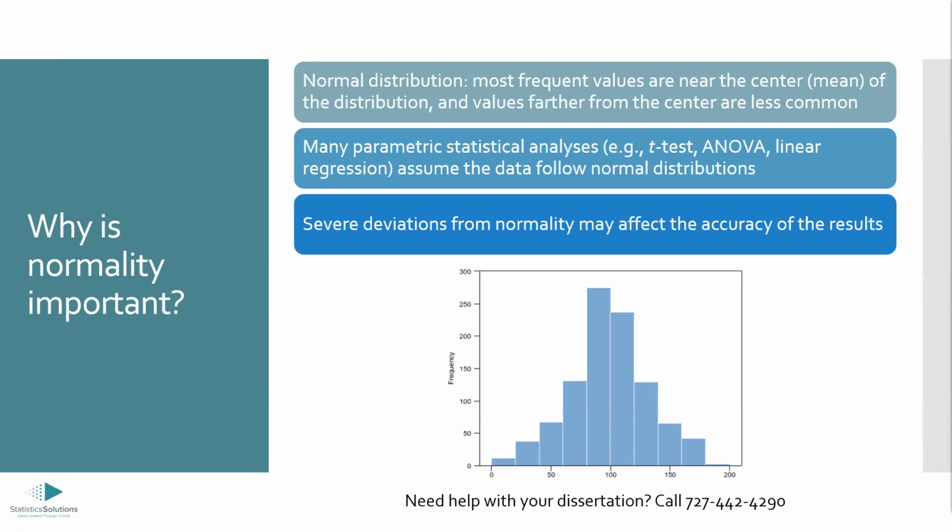Now, this could be that the variable itself, like the dependent variable or the independent variable, is normally distributed, or it could be an assumption about another statistic derived from the data that's normally distributed. For instance, if you're conducting a linear regression, there's an assumption that the residuals of the regression follow a normal distribution.